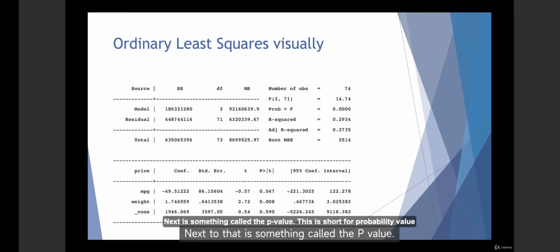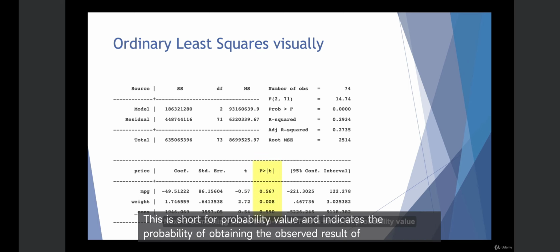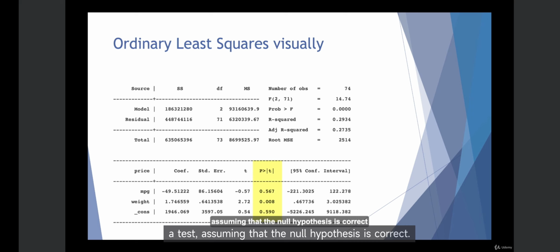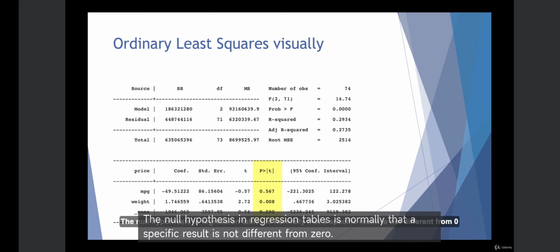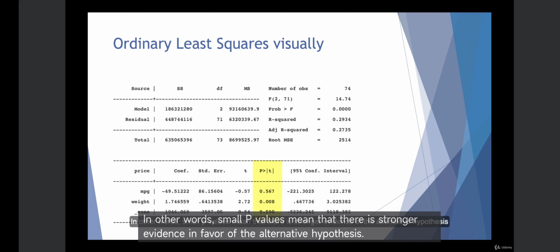Next to that is something called the p-value. This is short for probability value and indicates the probability of obtaining the observed result of a test, assuming that the null hypothesis is correct. The null hypothesis in regression tables is normally that a specific result is not different from 0. In other words, small p-values mean that there is stronger evidence in favor of the alternative hypothesis.